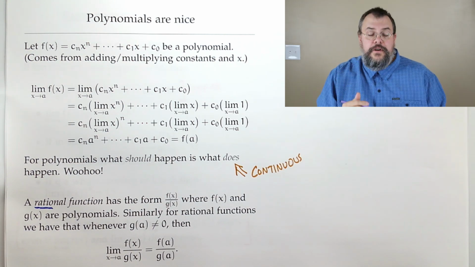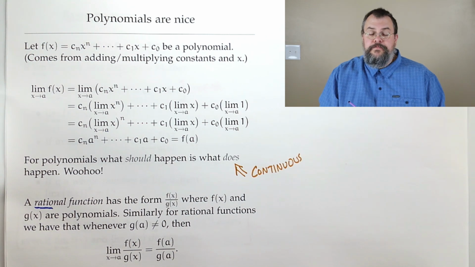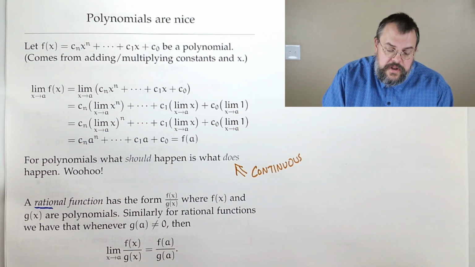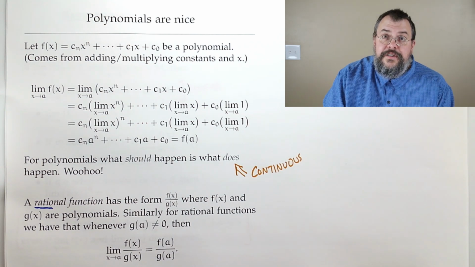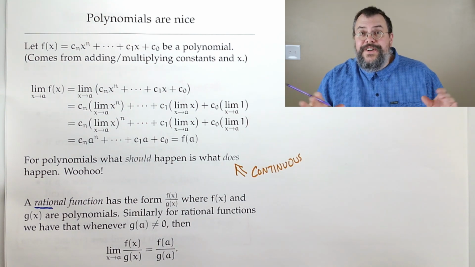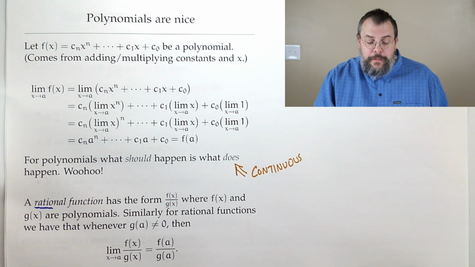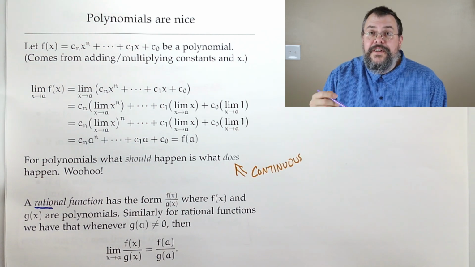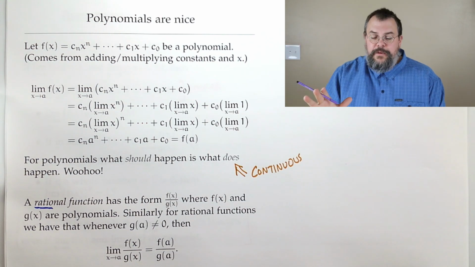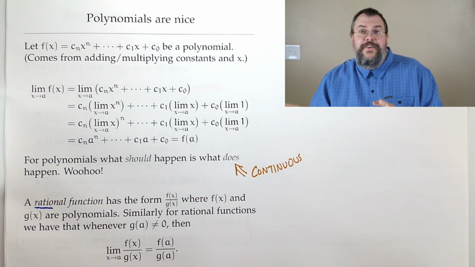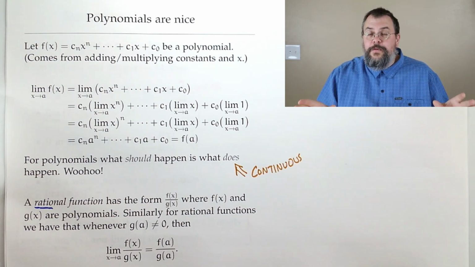So we have two polynomials on top of each other. So what we can say is, look, as long as the denominator is not 0 — if the denominator is 0, okay, got to restart. But if the denominator is not 0, then again, rational functions are nice because the top is nice and the bottom is nice. Good. So now we have some class of functions which are easy for us to work with.